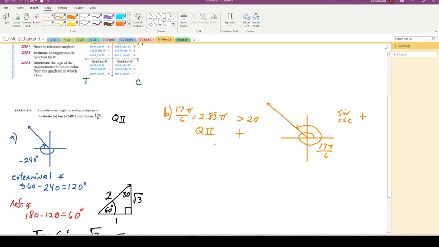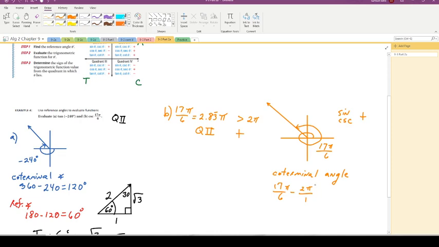Now first I have to find the coterminal angle, because it's so far. The coterminal angle is going to be what? Well, remember, that's over 2 pi, so I have to subtract 2 pi. To make it positive, I'm not going to subtract from 2 pi; I'm going to subtract 2 pi from that. It's in radians, so I do 17 pi over 6 minus 2 pi over 1.